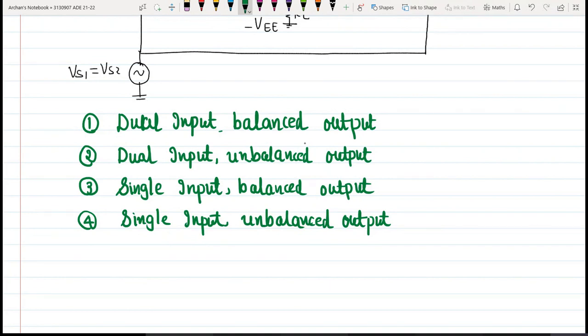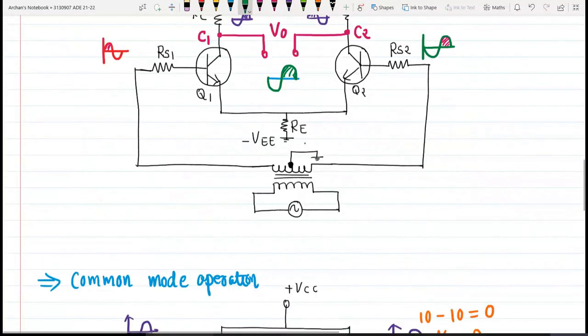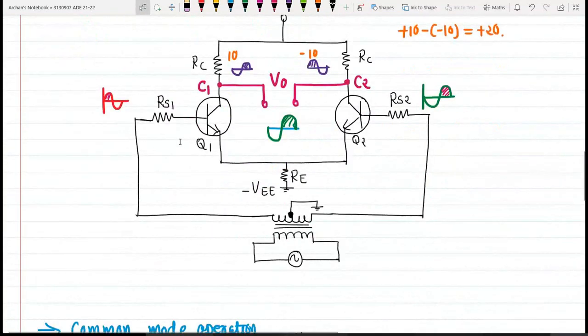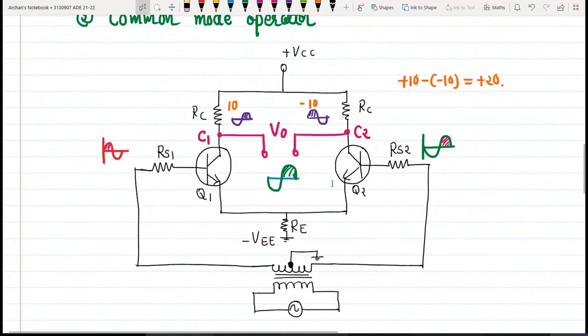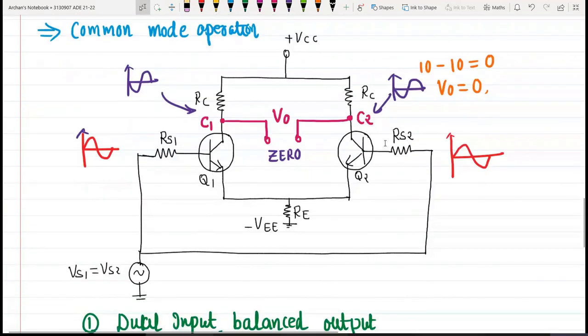Out of these 4 configurations, the dual input balanced output is the basic differential amplifier configuration, and this is what we have seen in this particular circuit. This is my dual input balanced output differential amplifier configuration. Now if we ground one of the input terminals, then it is called a single input balanced output amplifier.